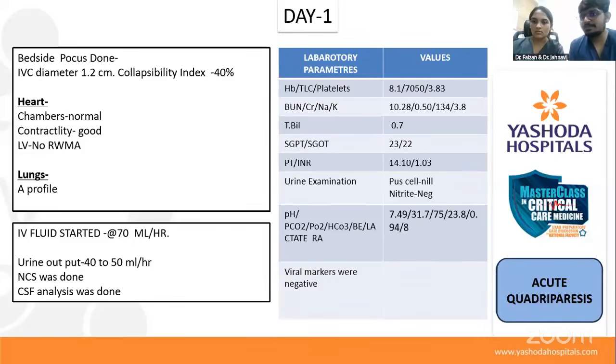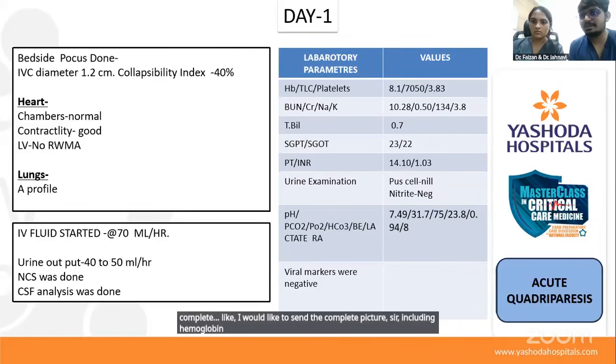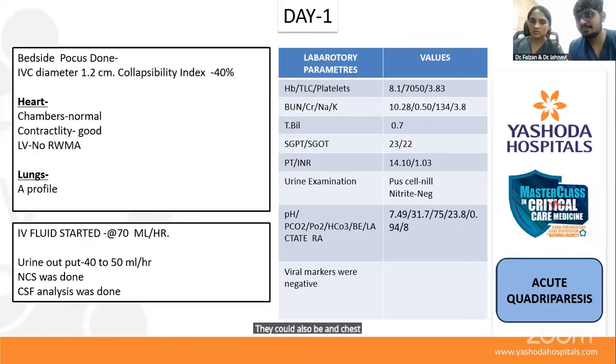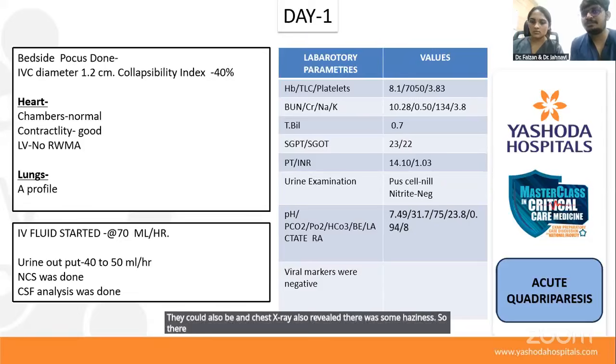I would like to send a complete blood picture, sir, including hemoglobin to rule out any anemia or nutritional deficiencies, and total counts to look for any ongoing infection. As the patient was already having these motor symptoms, and the chest X-ray also revealed some haziness, there is a chance of aspiration pneumonia, which is not quite evident clinically.